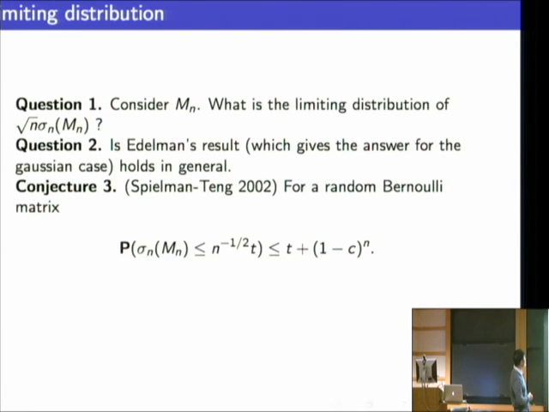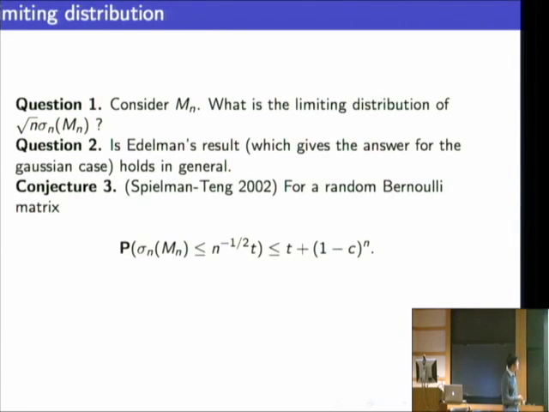What is the limit distribution after normalization by square root n, say? Or in other words, can Edelman's result be extended to other distributions like Bernoulli? Clearly we see that the Edelman function, I don't know what it is about, is certainly not useful for Bernoulli matrices.